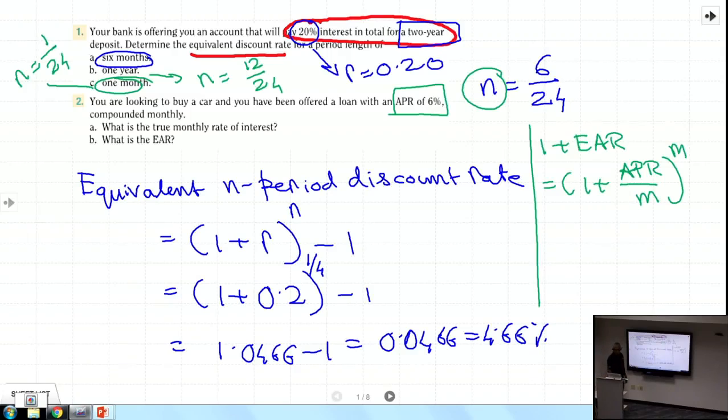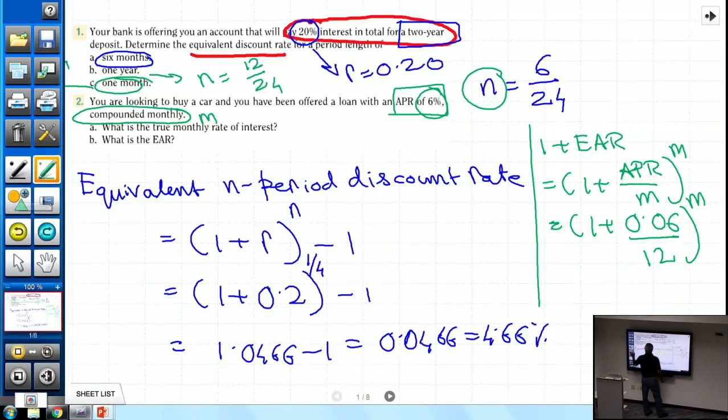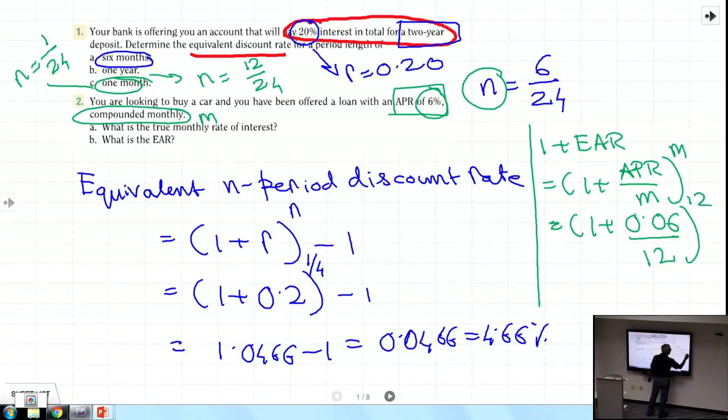Okay. Over here we are looking at compounded monthly, so that's our m factor. APR is already given as 6%, so this is 1 plus 0.06 over 12, raised to the power m, meaning 12.